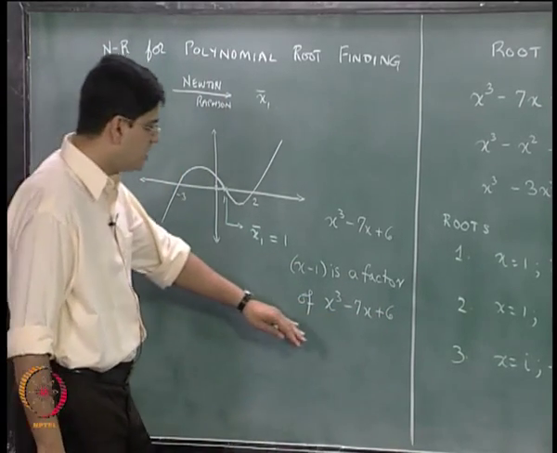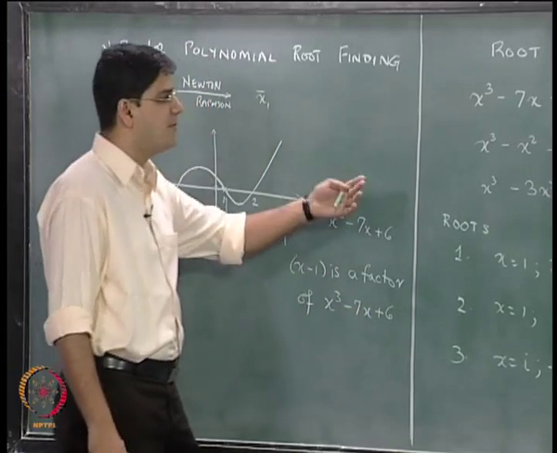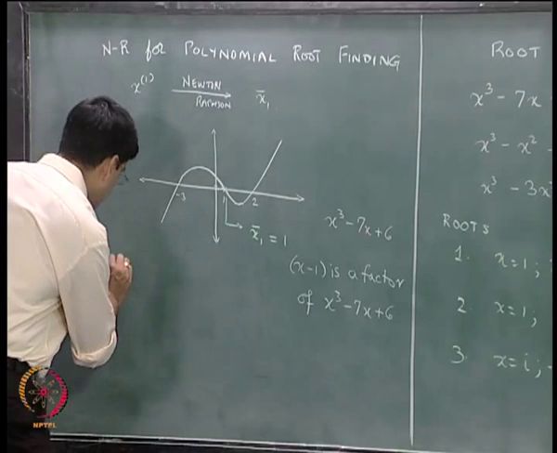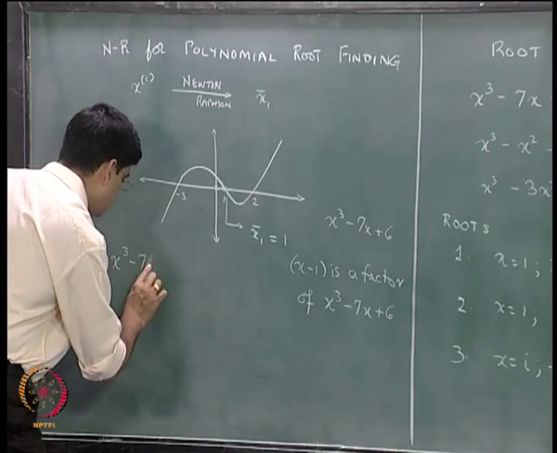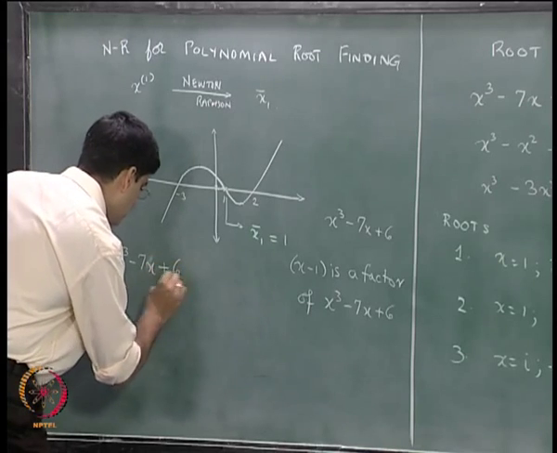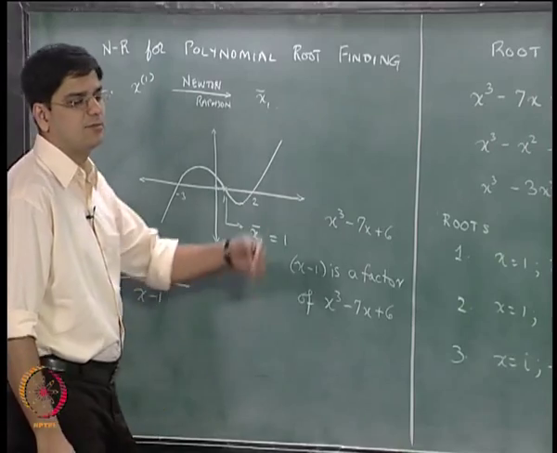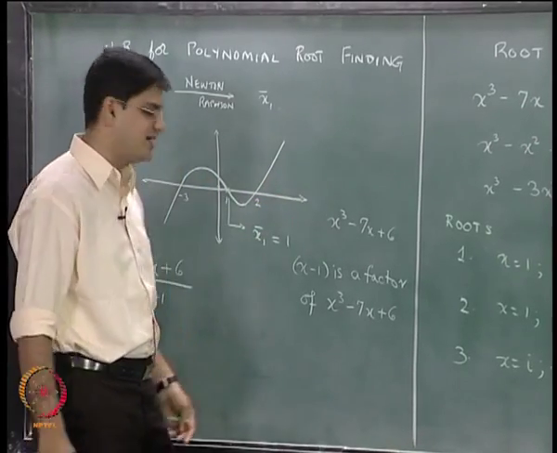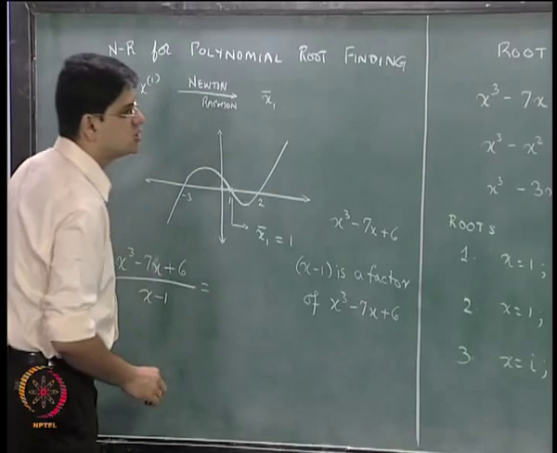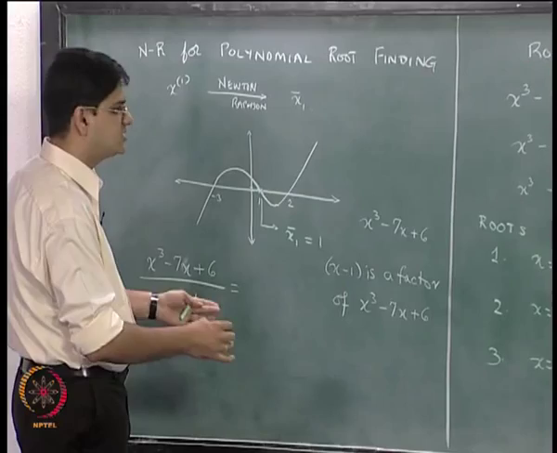So what we can then do is divide x cube minus 7x plus 6 by x minus 1, and basically what we should be getting is x minus 2 multiplied by x plus 3. So this should essentially lead us to x square plus x minus 6.